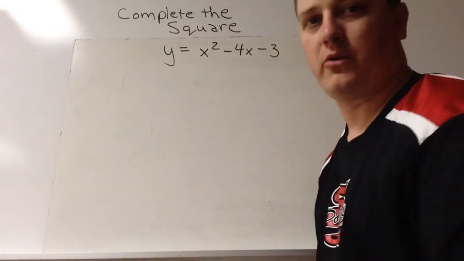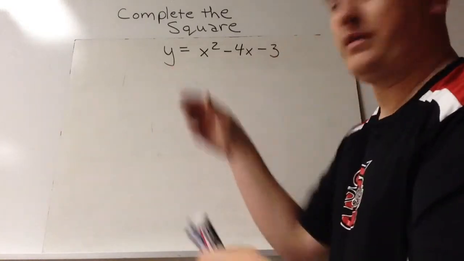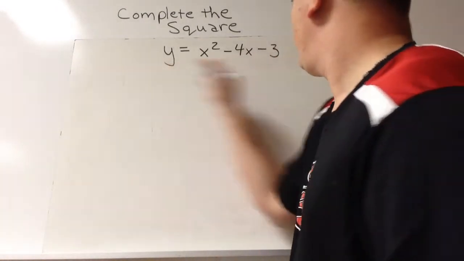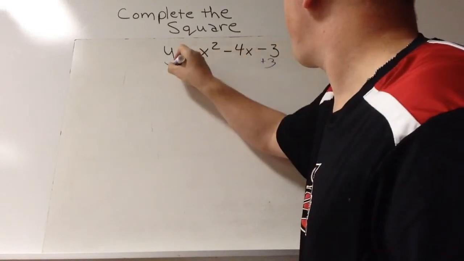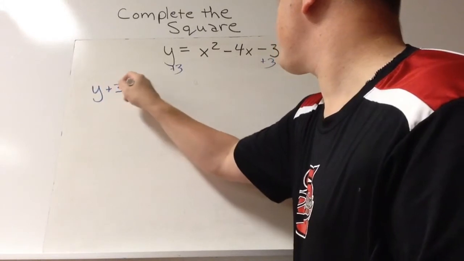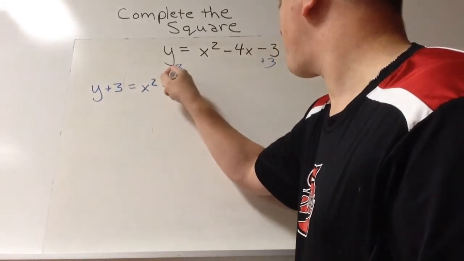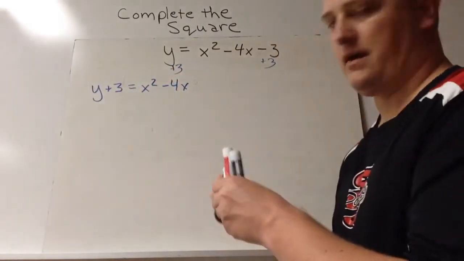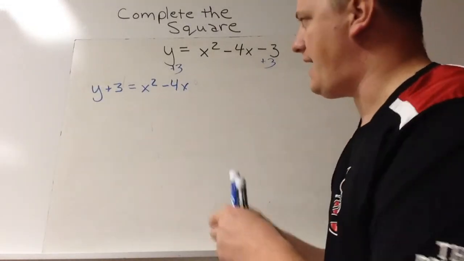I'm going to go a little bit quicker on this one. So I'm going to move the 3. Okay, we now need to know what to add to both sides.